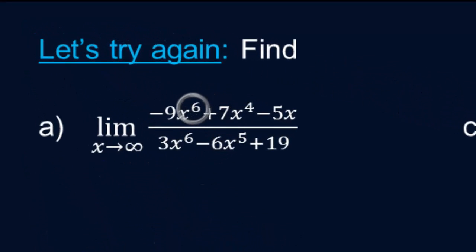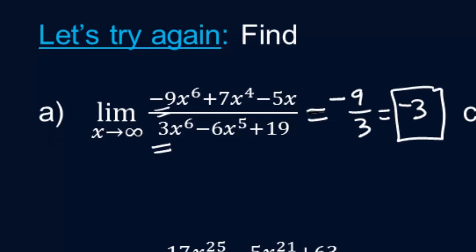Both the degree of the numerator and the denominator are equal. So we just look at the coefficient. We just take the ratio of the coefficient of the leading term. So negative 9 over 3. Right there, negative 9 over 3. That's equal to negative 3.